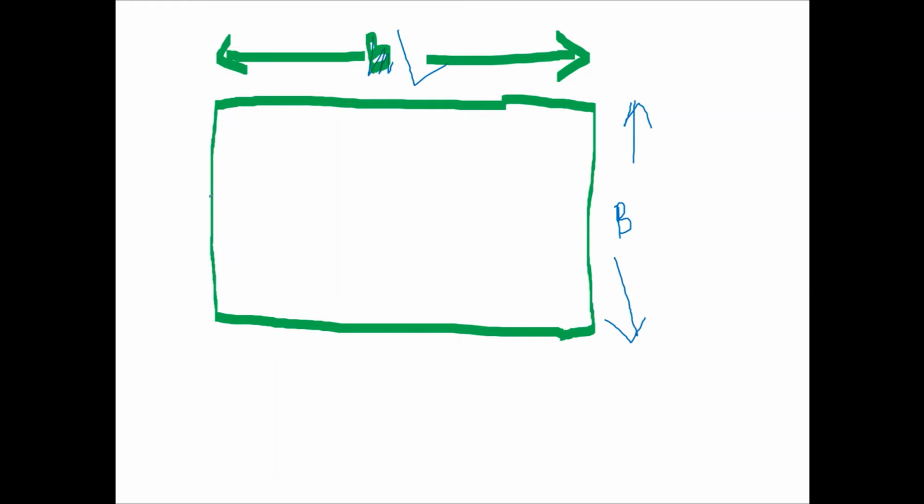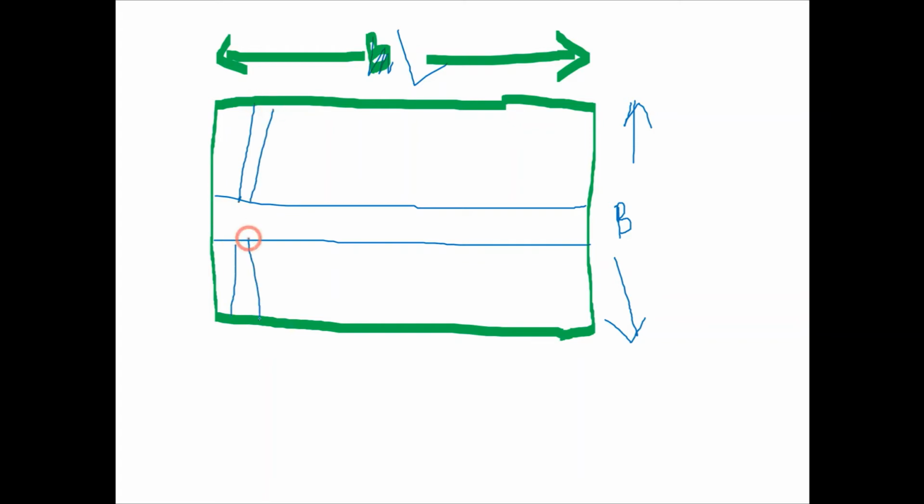Now at the center we have a main manifold pipe, and laterals are connected to it. Now what we want is the length of laterals.